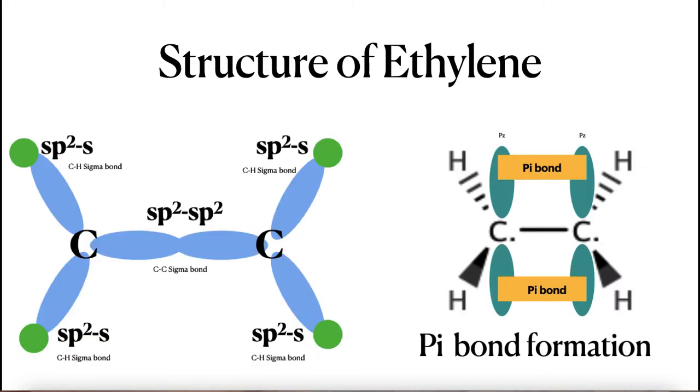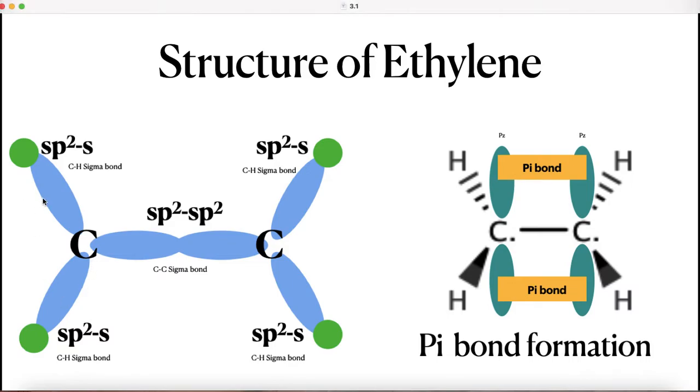Let us see the structure of carbon-carbon double bond. This is the sigma framework of ethylene, in which the two carbons undergo sp2 hybridization. As we know, sp2 hybridization is obtained by mixing and recasting of one 2s orbital of carbon with two 2p orbitals of carbon.